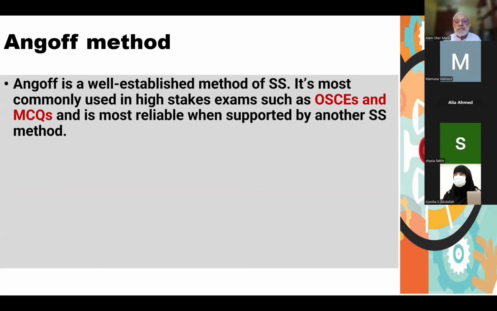Angoff is a well-established method of standard setting. It is most commonly used in high-stakes examinations such as OSCE and MCQs, and is most reliable when supported by another standard setting method. In our institution, we are using this for our OSCE.